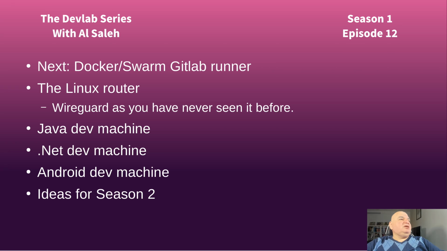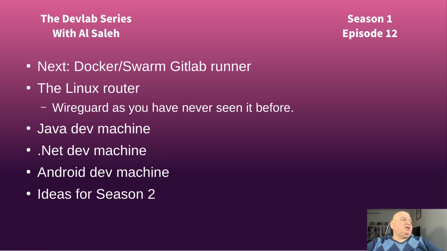So that will be my next step. After that, we will look at the Linux router, and there are amazing ideas here. I enjoyed working on them very much, and I think you will enjoy them. One of them is called WireGuard, as you have never seen it before.